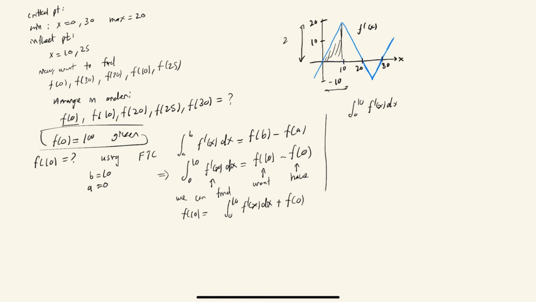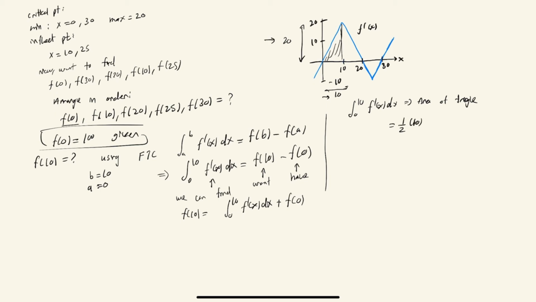The base is 10 and the height is 20. And notice here the area is above the x-axis, which means the area is going to be positive. So the area of a triangle is half multiplied by the base, which is 10, and then multiplied by the height, which is 20.